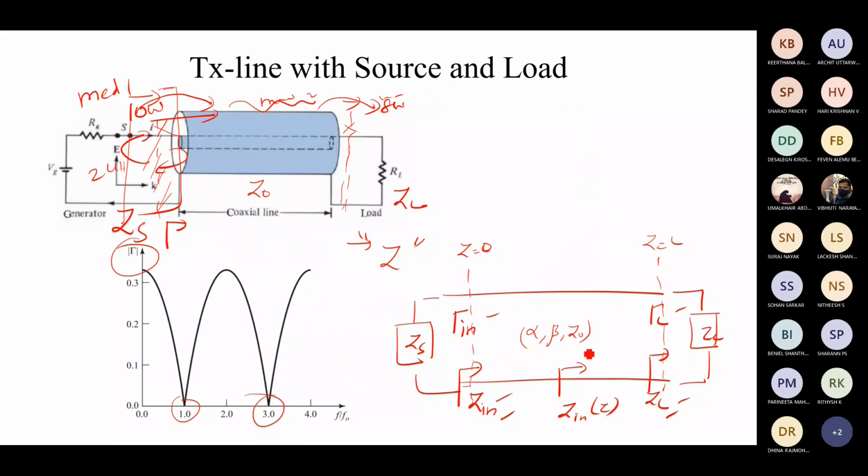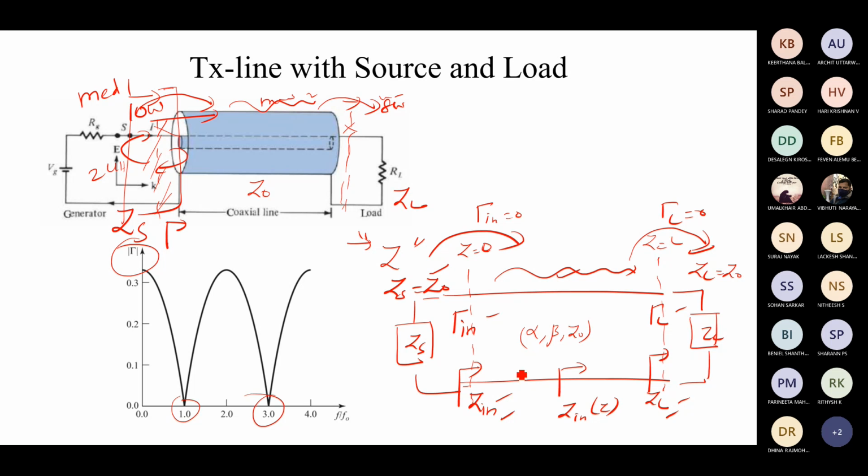if you take a transmission line, you always try to make ZS equal to Z0 and ZL equal to Z0. So here Z0, here Z0, here Z0. So everywhere Z0. So maximum power will go from source to transmission line, and power will travel, and maximum power will go to the load, because there is no reflection, since the reflection coefficient is 0 here and the load reflection coefficient is 0.